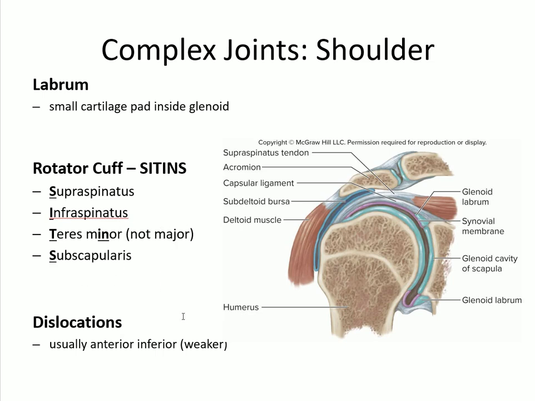Remember to read the question completely as well. And then dislocations. So dislocation of the shoulder is very common, unfortunately. There is a part that isn't encased in a ligament, and that part is going to sit in the front of the armpit. Sits pretty unprotected. So if your arm is jerked up and backwards, the head of the humerus can actually pop right out of the socket.